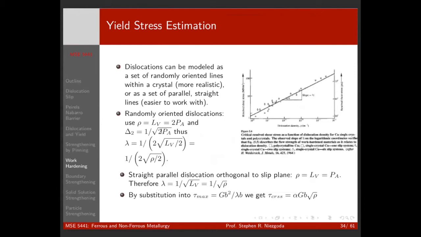If I have lines and I make a 2D section through it, the number of points that I see is going to be proportional to the line length per unit volume in my sample. It's like the flux of lines that cut a plane is going to be proportional to the amount of lines that I have in my big sample.